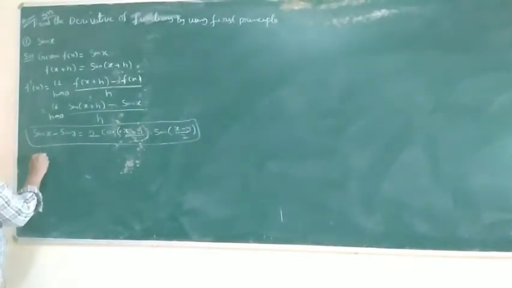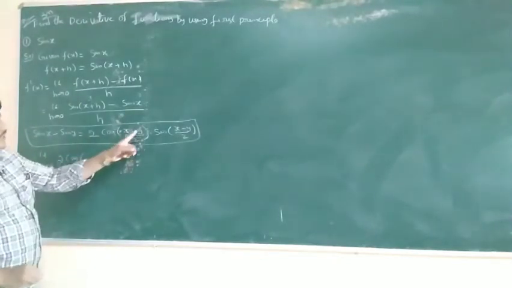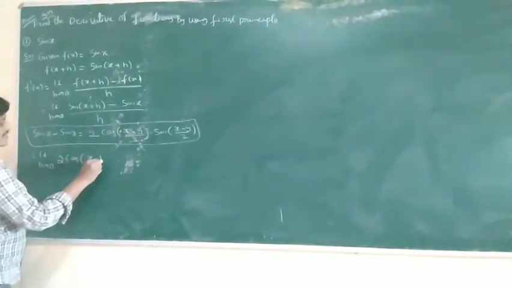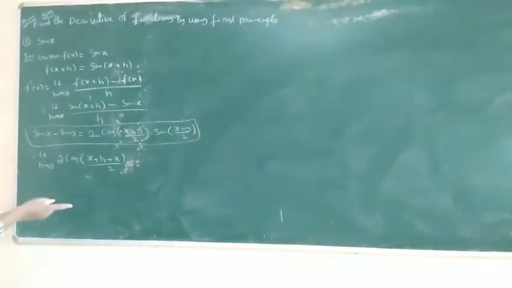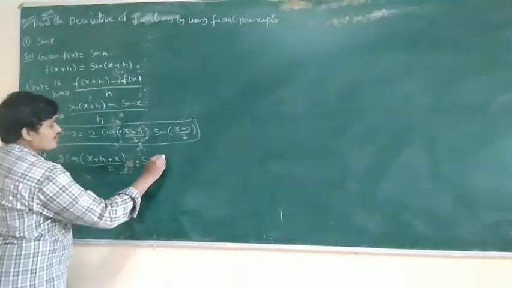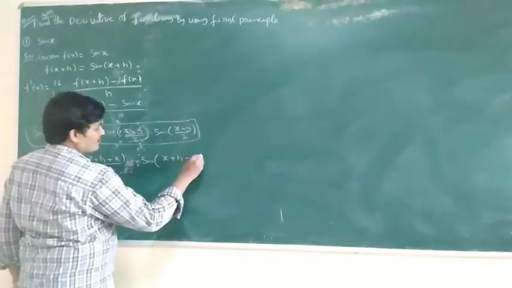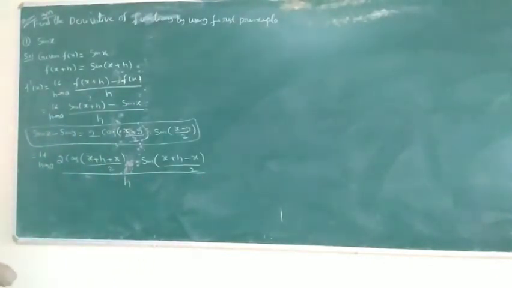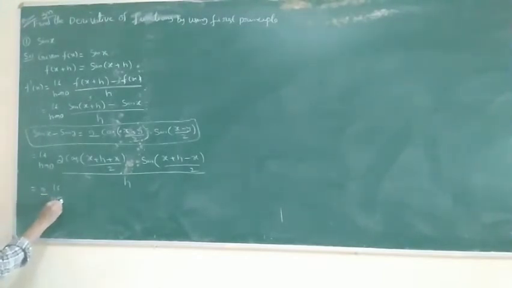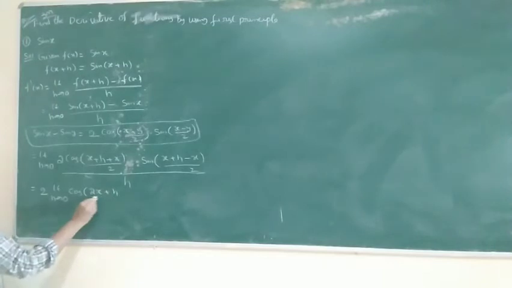So that is equal to limit h tends to 0 of 2 cos of x plus y by 2, where x is x plus h and y is x, so x plus h plus x by 2, into sin of x minus y by 2, which is x plus h minus x by 2, all by h, the same h. 2 is a constant, so separate it from the limit. x plus x is 2x plus h by 2.